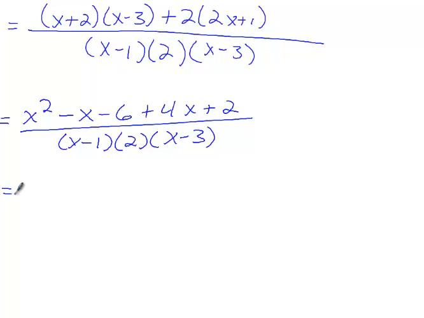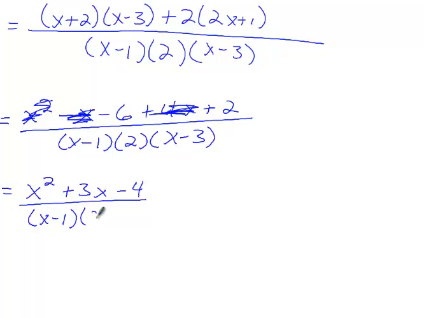Do I have any like terms? So I have just an x squared, right? Okay, so what's negative x plus 4x? Plus 3x. And then I have negative 6 plus 2, right? What's negative 6 plus 2? Negative 4. All over x minus 1 times 2 times x minus 3.